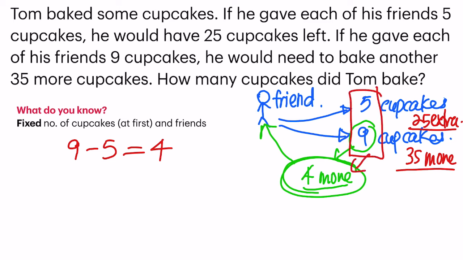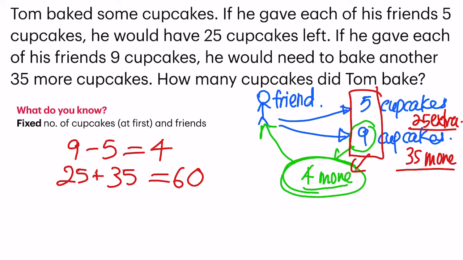So each of them received 4 more. Correct? And where did that 4 more cupcakes come from? It comes from the extra plus the 35 more cupcakes that he had to bake, which is 60. And that 60 cupcakes is now distributed.